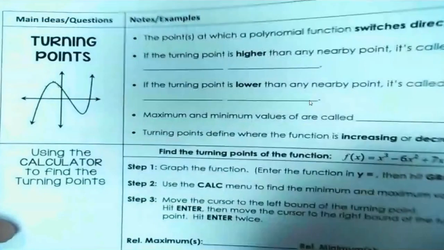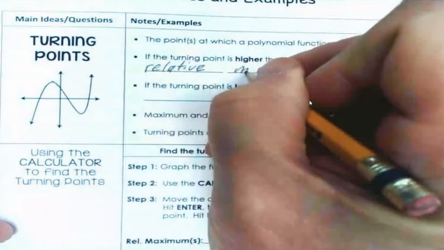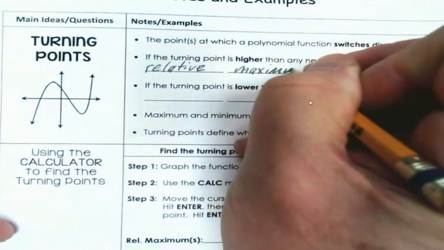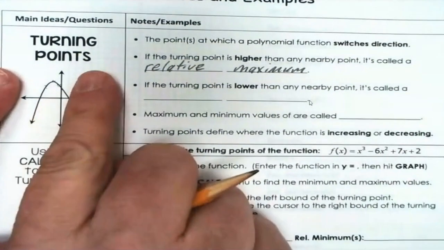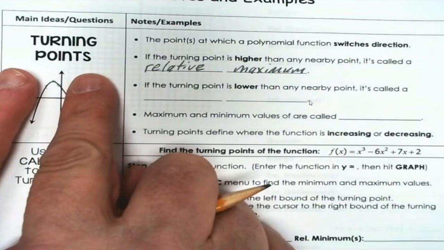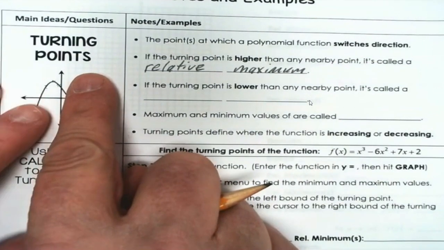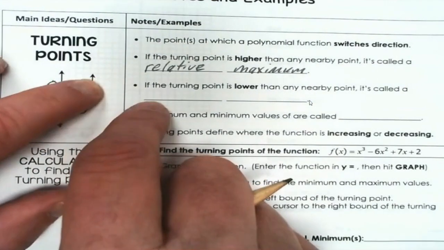So that is called a relative maximum. That's a relative maximum, because relative to the things around it, that is the highest point. That's the maximum y value relative to what's around it. Now, it's not the largest y value total, because over here, this is going to infinity.